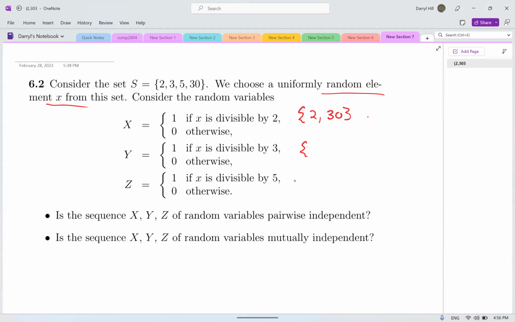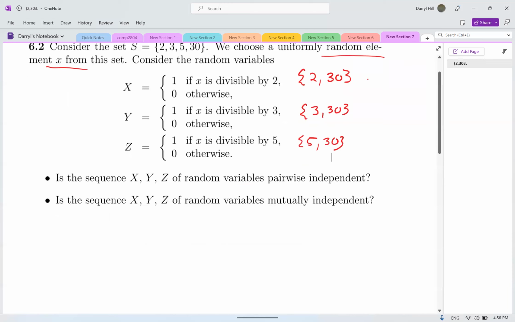We know that both of these events are the same size, so they have the same probability. Z equal to 1 means x is divisible by 3, that is 3 and 30. And the next means x is divisible by 5, that is 5 and 30. Okay, so to check if they're pairwise independent, we have a bunch to check, but we will do some of them and then we'll just say the rest are symmetric because they are.